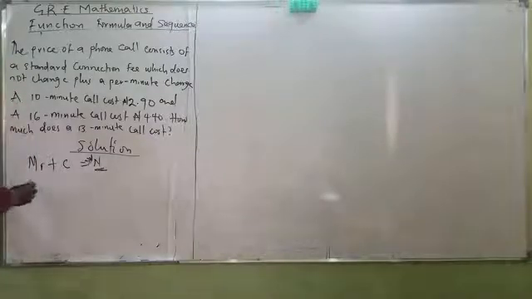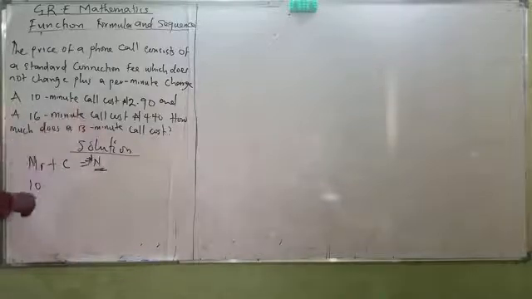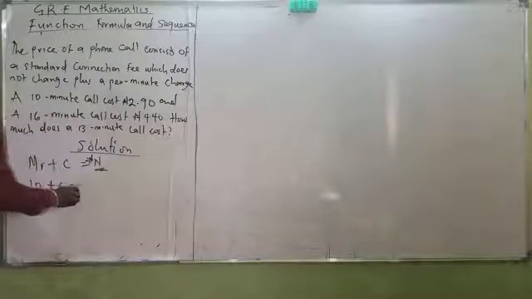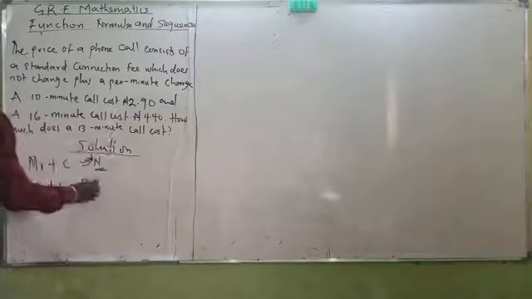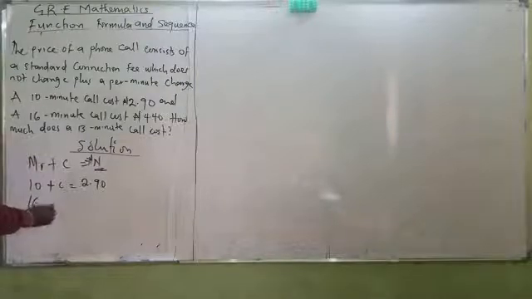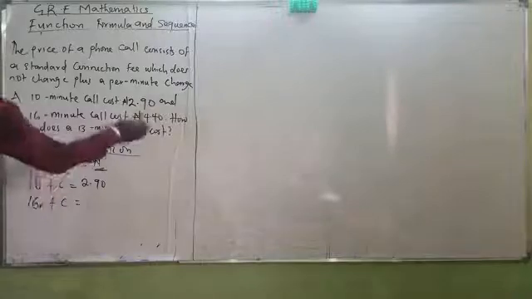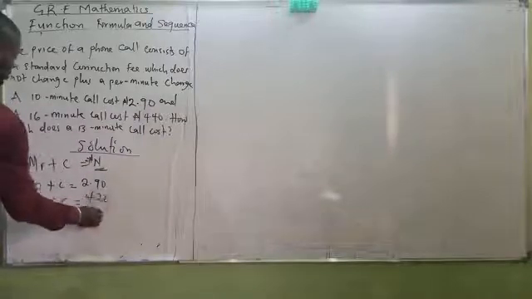10 minutes of this R plus C will be equal to 2.9 naira. And the next one is 16 minutes, 16R plus the constant C, equals 4.40 naira.